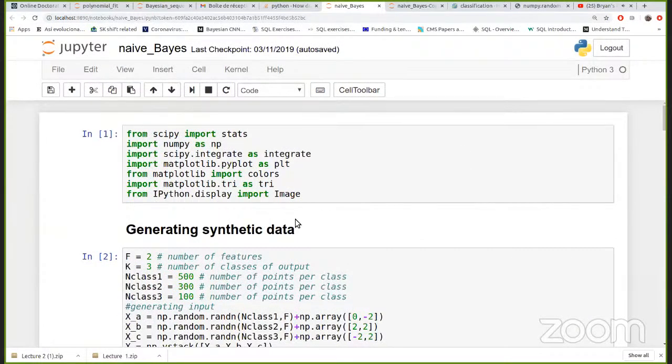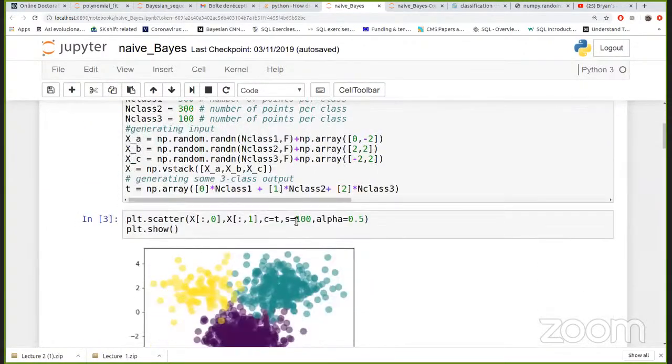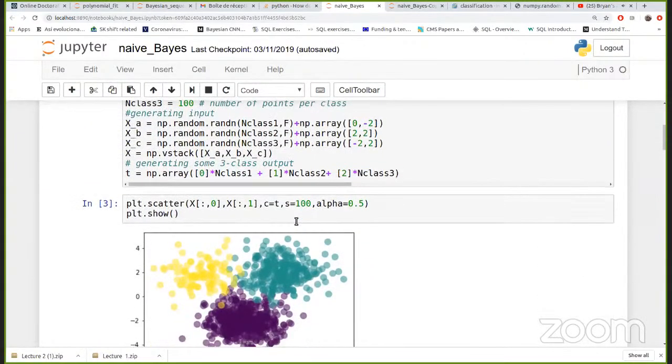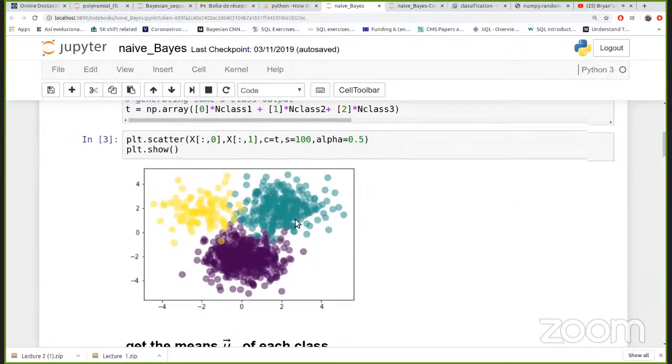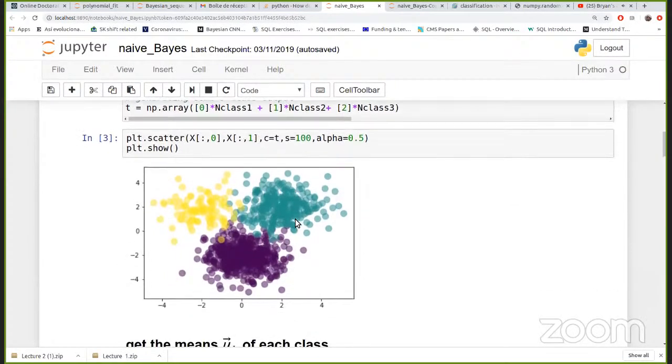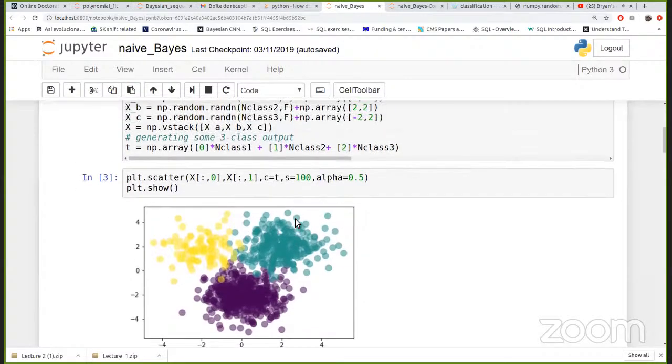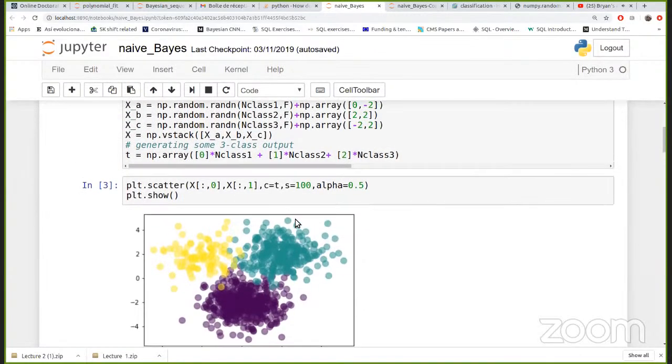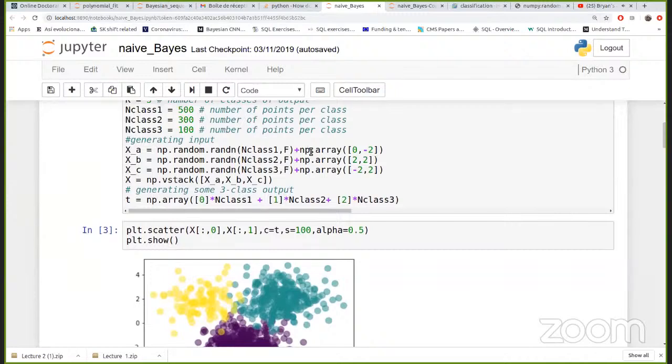So imagine I have some data that I will actually use later for when introducing neural networks. Imagine I have generated this synthetic data set. I have 3 classes and 2 dimensions. These were generated by sampling from 3 Gaussians with the means located at different points: one mean here, one here, and one here.